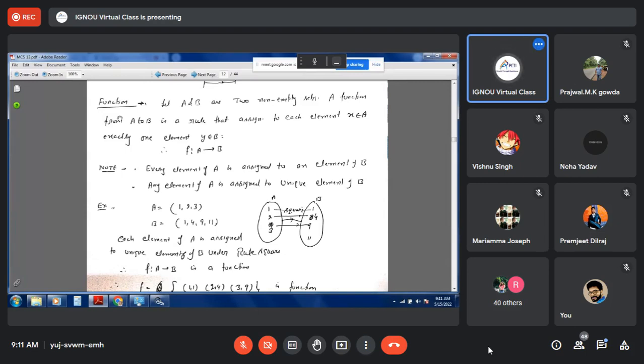Let us consider there are three persons X, Y and Z. Now think there will be three images and all three will be different. X has its own image, Y has its own image, Z has its own image.